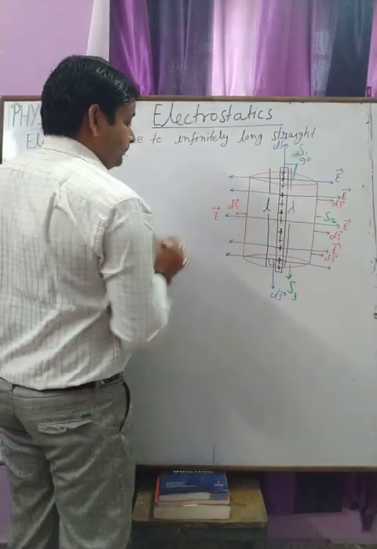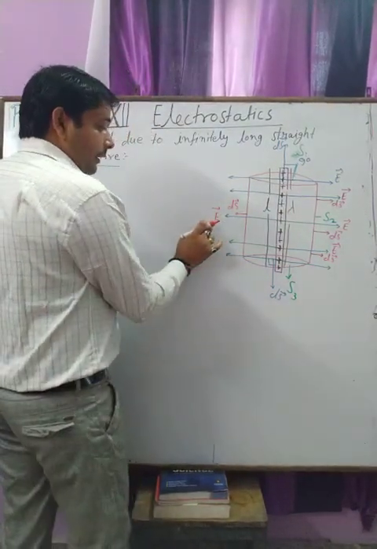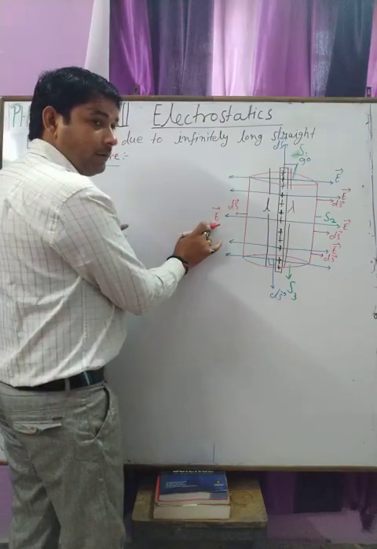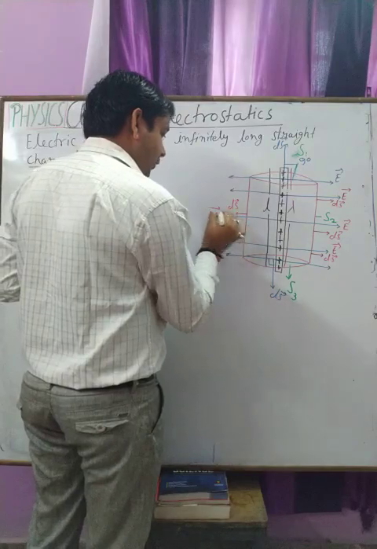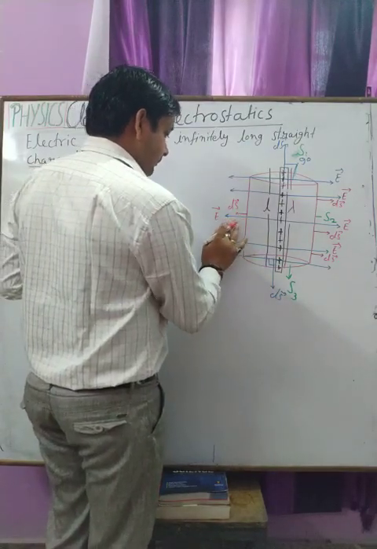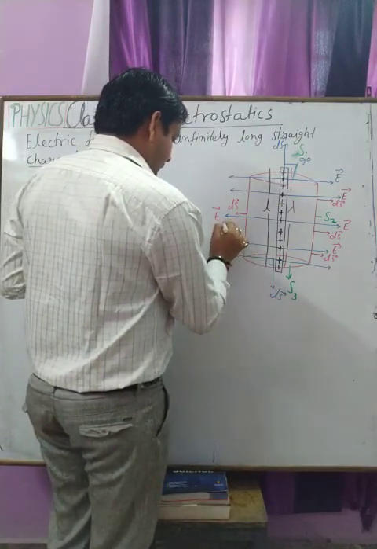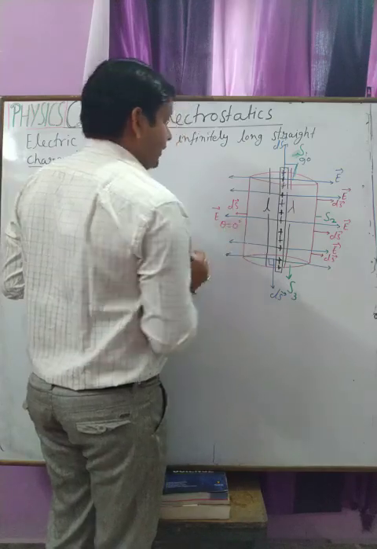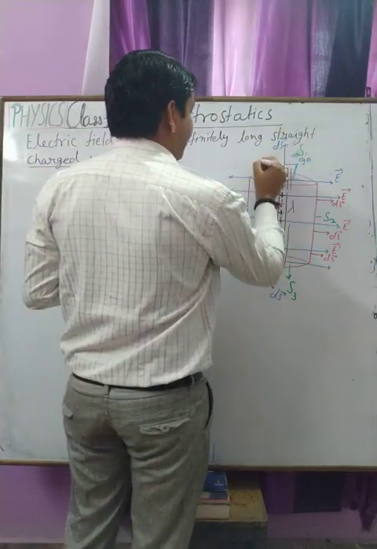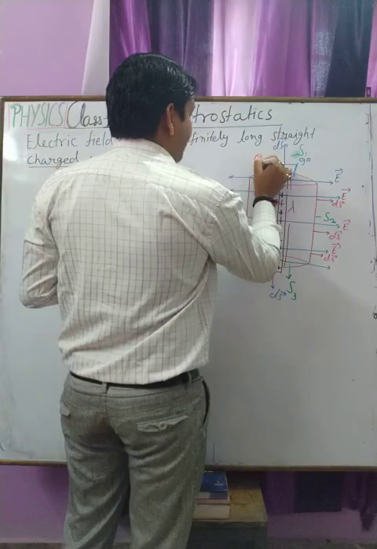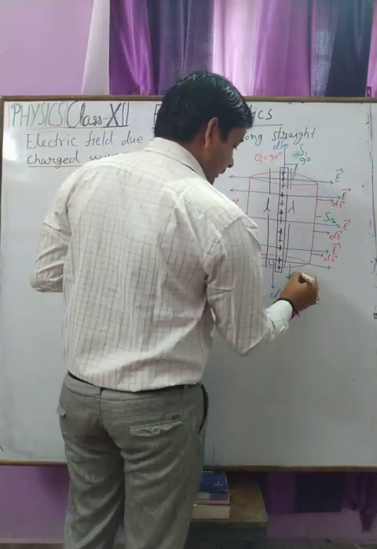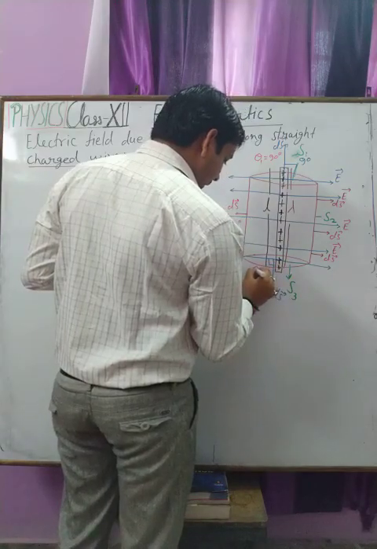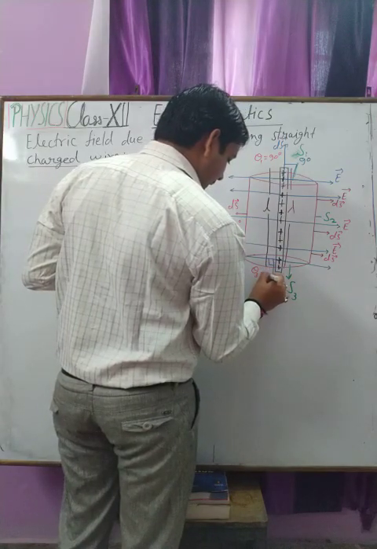Angle between the electric field and area element ds for the curved surface is 0 degree, theta 2 is 0 degree, and for the flat surface theta 1 is 90 and here also theta 3 is 90.